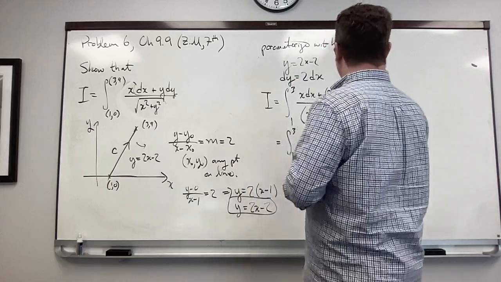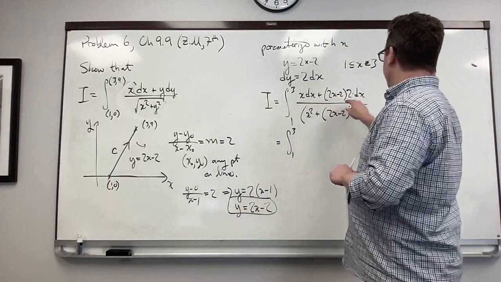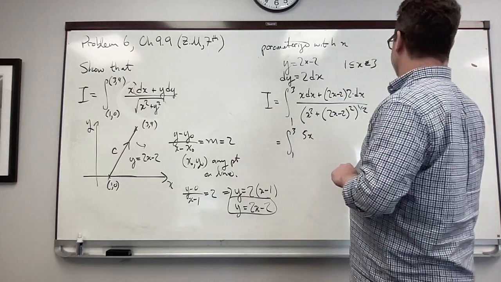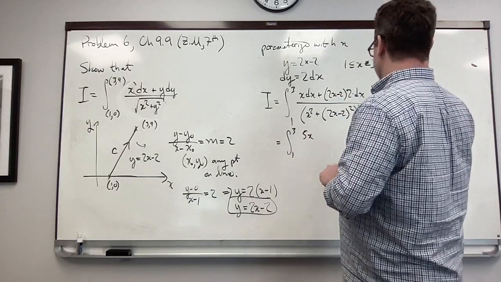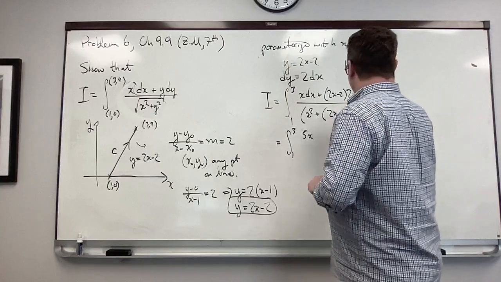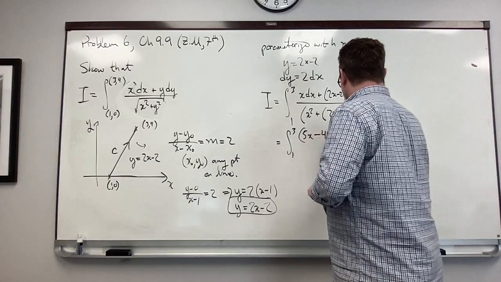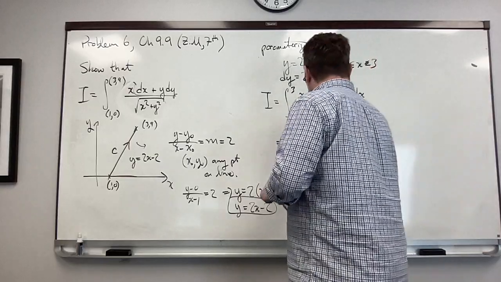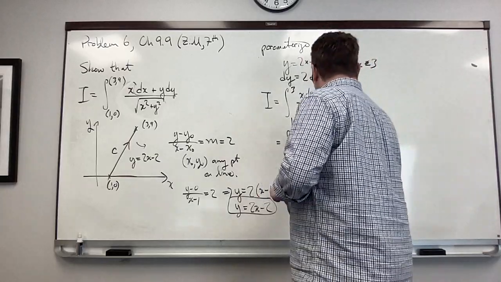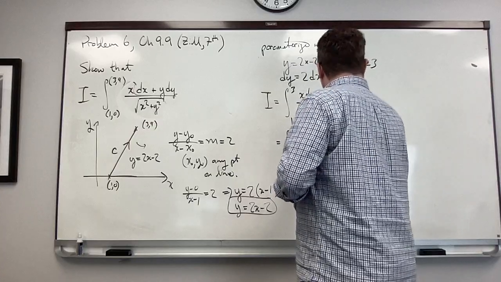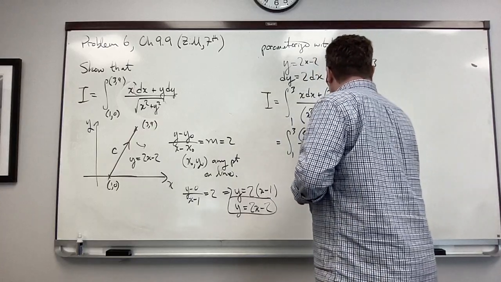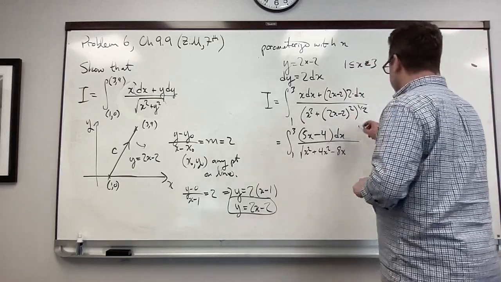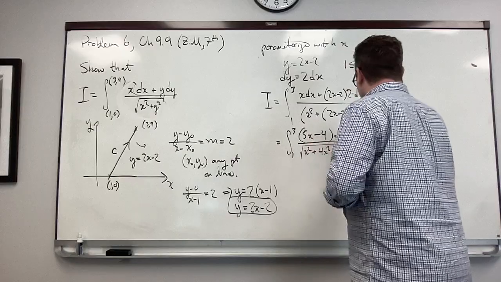So x dx plus 4x, so that's 5x minus 4 dx. Okay, and then on the bottom here, we got the square root of, all right, fine, x squared plus 4x squared minus 8x plus 4, right?